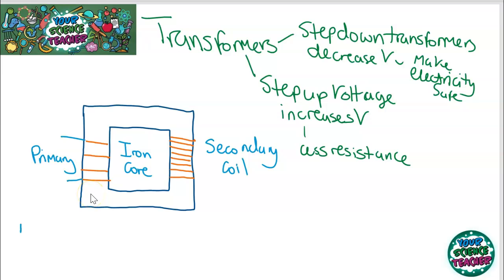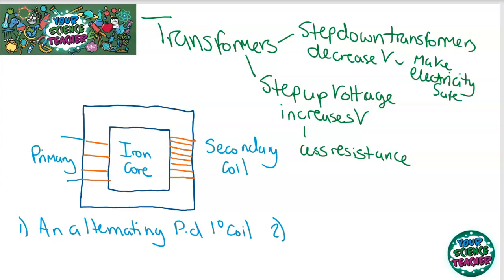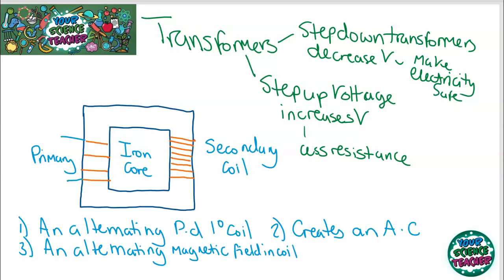The first step in creating a transformer is you have an alternating potential difference attached to the primary coil, and this creates an alternating current in the primary coil. And as you've probably guessed, an alternating current does produce an alternating magnetic field in that primary coil. Now, because iron is a magnetic material, this will create an alternating field in the iron core as well.